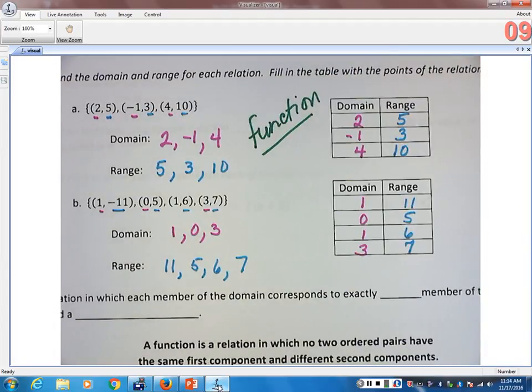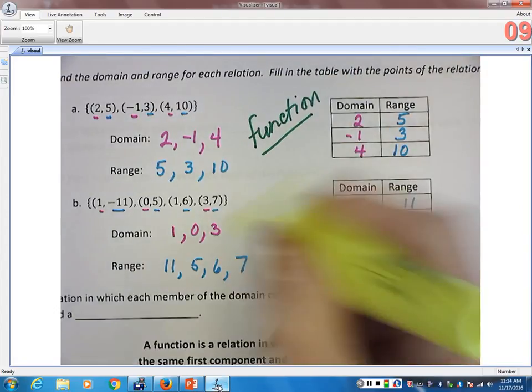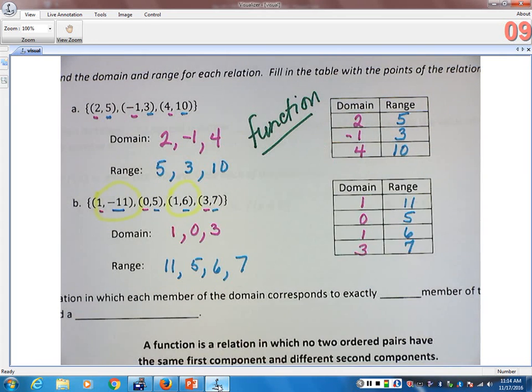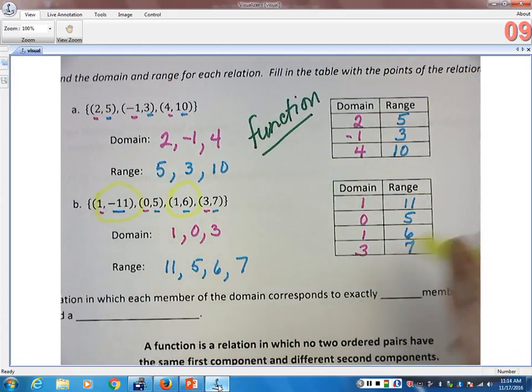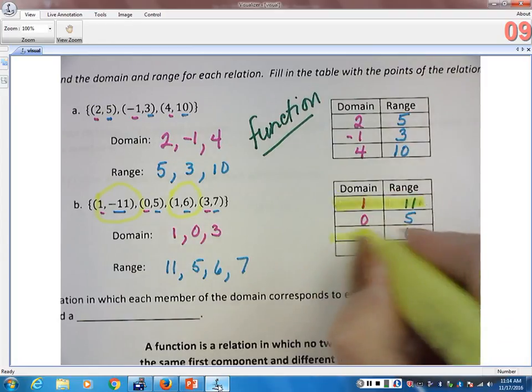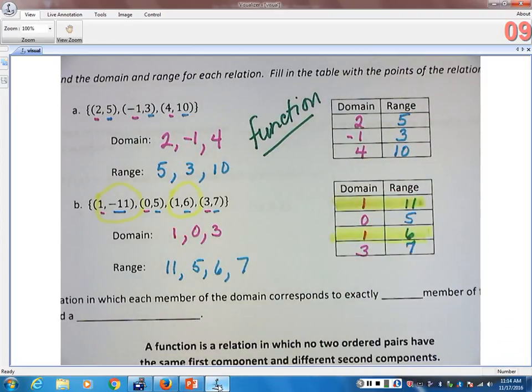But here we have two instances where a value from the domain shows up, and yet it has different partners. You can kind of think of it as the value of one as being a bigamist. The x has two y's. That's not allowed. Okay? So this is not a function.